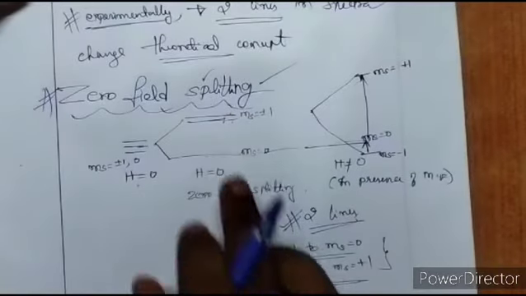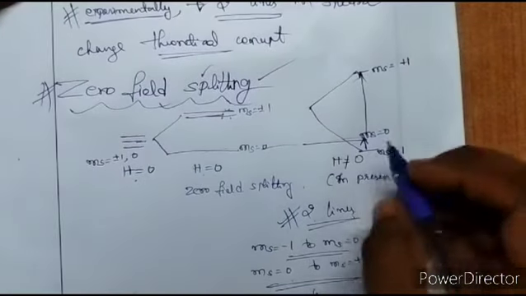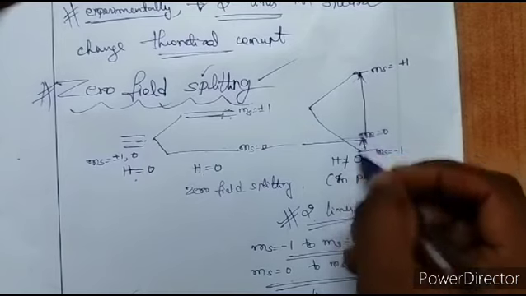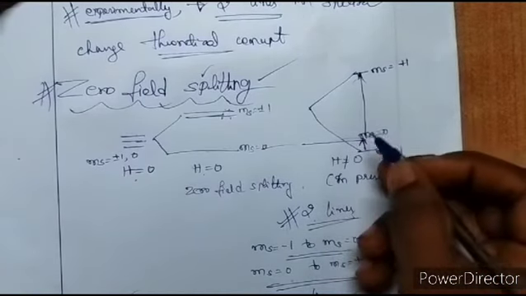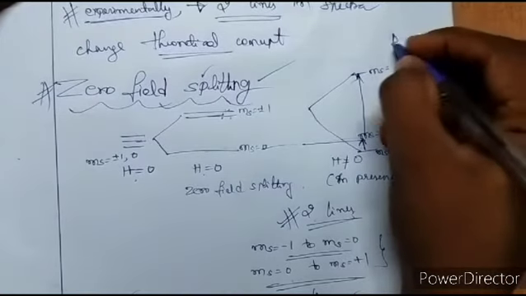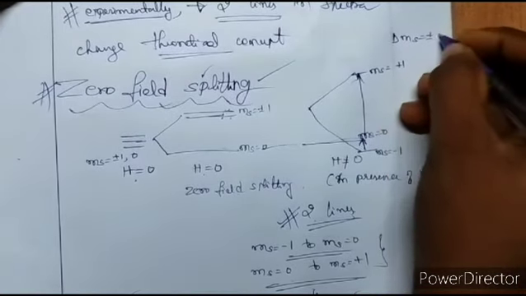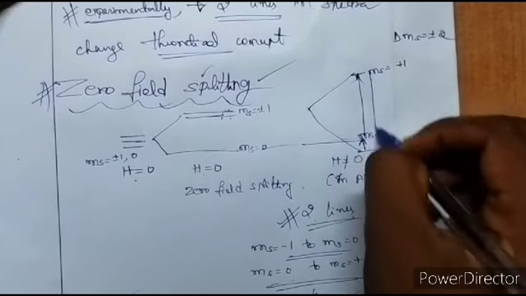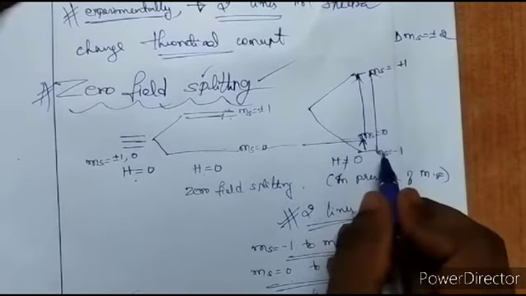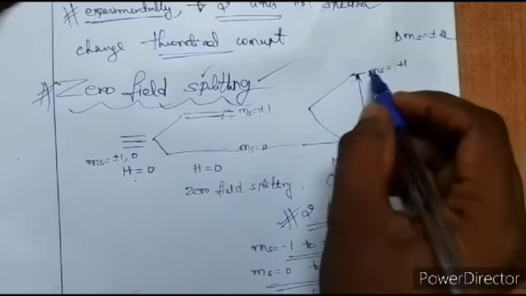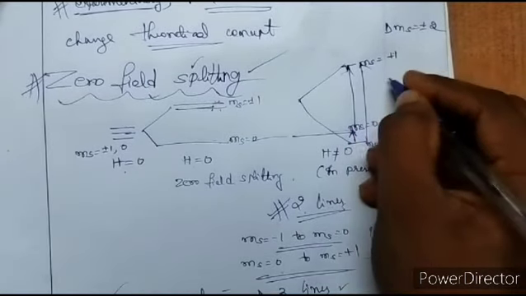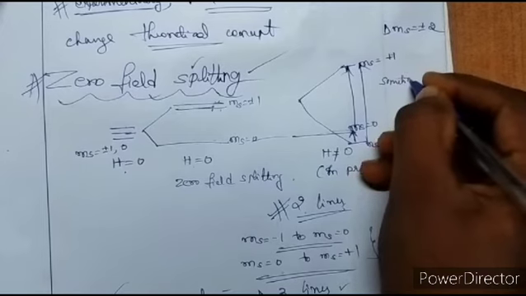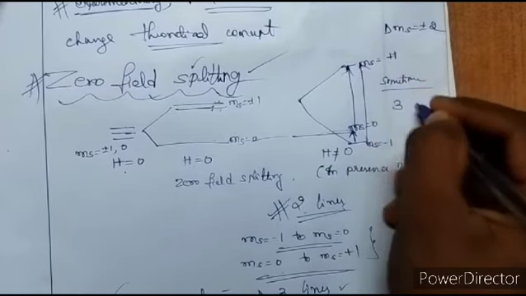So if you look here, along with these two transitions, there is one more transition possible, that is related to delta ms is equal to ±2. That is this one, from ms is equal to -1 to ms is equal to +1. So sometimes we get 3 lines.